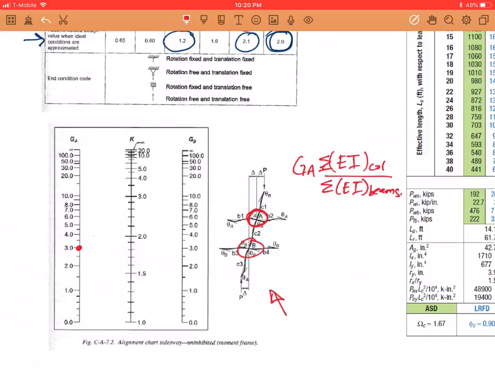Similarly, for joint B, we would come in here and calculate, let's say, 8.0 for that particular joint in terms of the joint restraint, and then draw a straight line between the two, and where that straight line intersects the K line, that is our effective length factor.